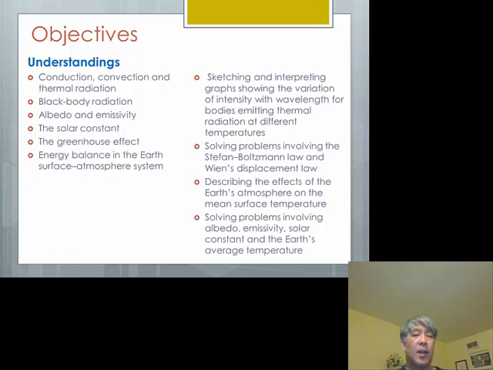And then we'll talk about 2 words that we don't see in general, albedo and emissivity, the solar constant, and basically the greenhouse effect and how that's impacting the energy balance in the Earth's surface atmosphere system.